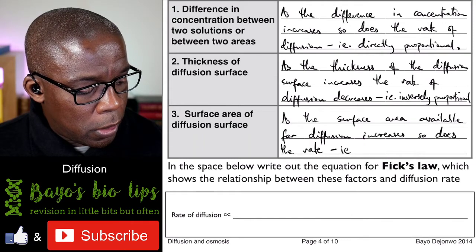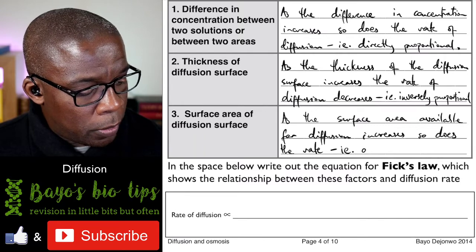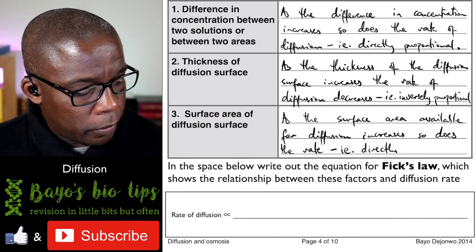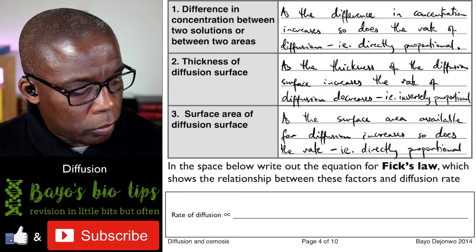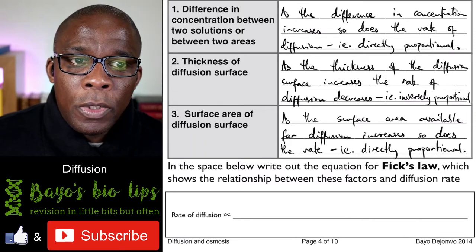Yet again, in this case, as in the first example, this would be described as being directly proportional.